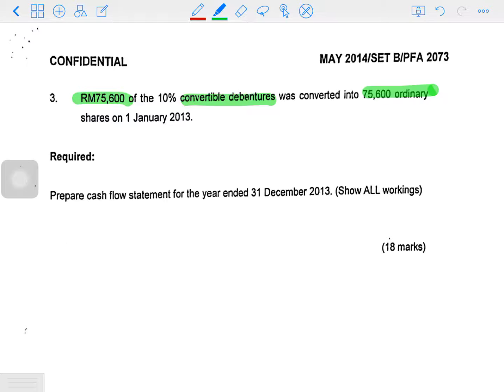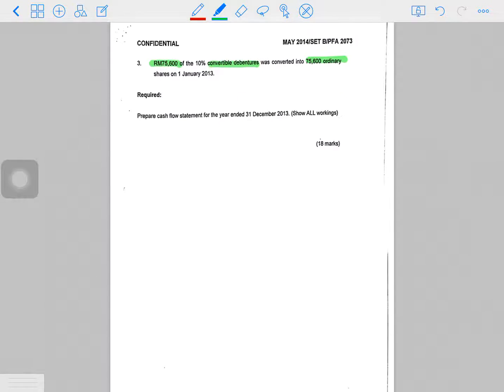So the debenture is converted into ordinary shares in the form of, let's say, 1 for every 3, for example, 1 for every 4 of the debenture, right? So there is no cash flow involvement. It's just a conversion in terms of book entry only. Okay, there is no cash involvement.